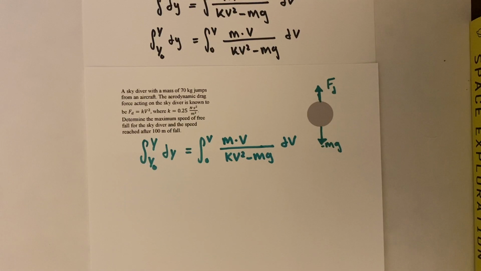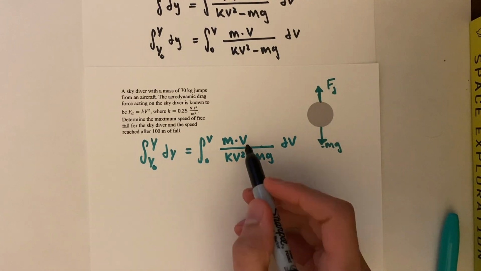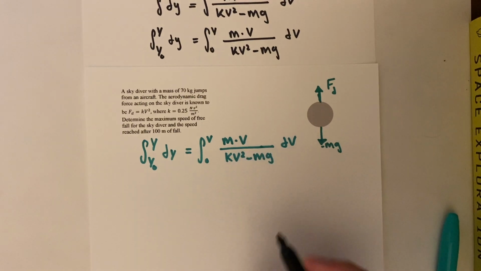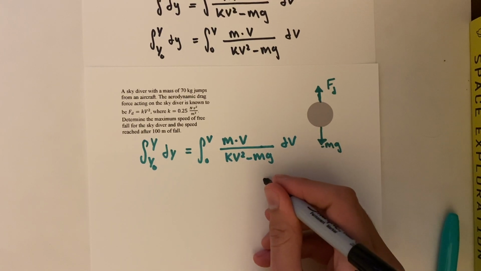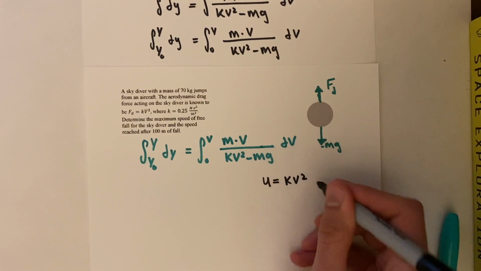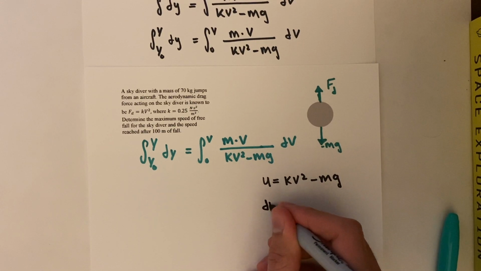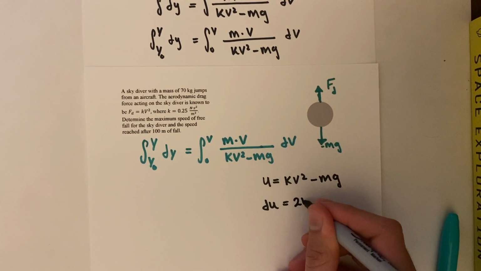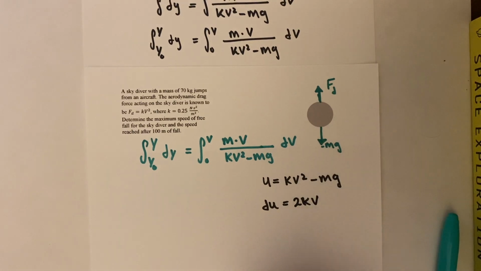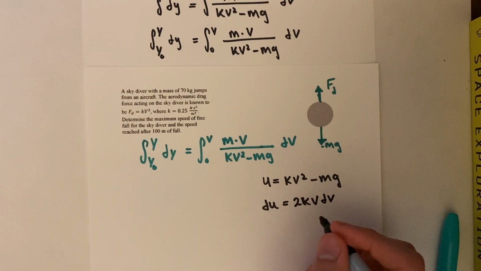So we're going to start on a new piece of paper over here, and if we go ahead and integrate, we have v on top and kv squared minus mg on the bottom, so we could just use u substitution here. u is equal to kv squared minus mg. Therefore, our du is equal to 2kv dv, and the mg term goes to 0.